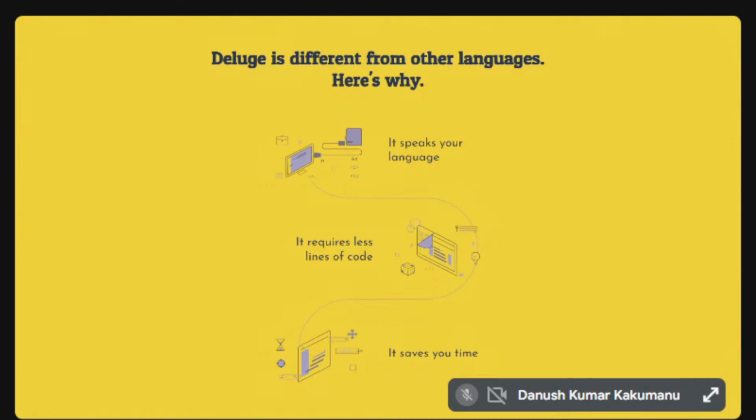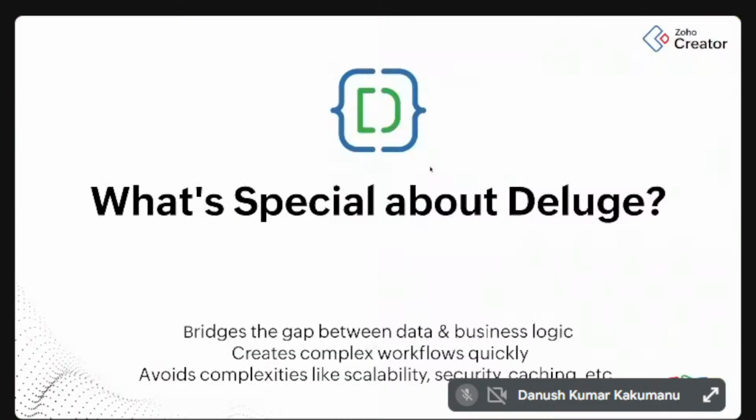It is a scripting language, and it requires fewer lines of code. So what needs tens or hundreds of lines of code can be done using 2 or 3 lines of Deluge code. Okay, so Deluge is developed in such a way that to accomplish a complex action, it can be done simply and easily, faster and better than other scripting languages. So what's special about Deluge?